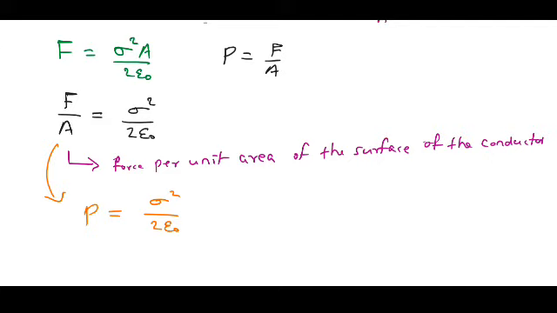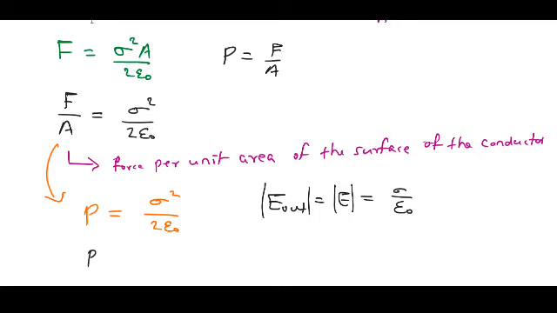And if I want to write this pressure in terms of the electric field, just now we have seen that outside we have electric field E. If I take the modulus, since I am interested in magnitude only, this will be sigma divided by epsilon 0.